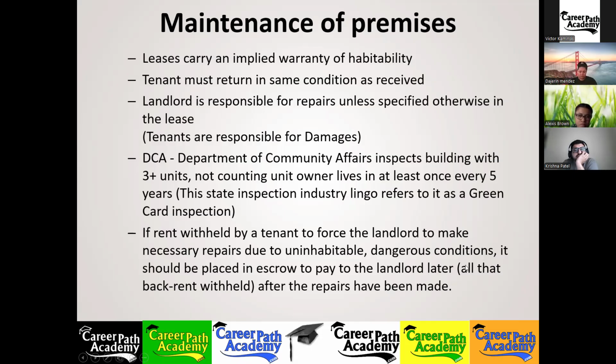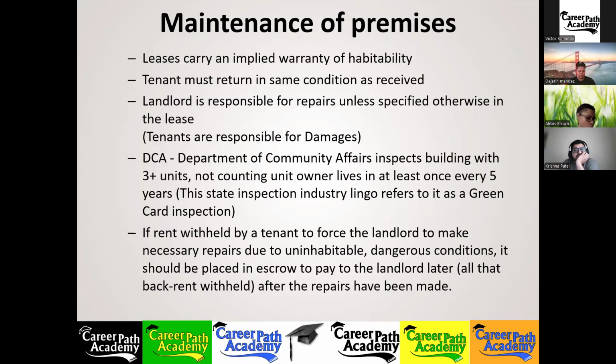A lot of people misinterpret this law to mean that you could stop paying the landlord rent until they make the repairs, and then once they make the repairs, you could continue paying them rent from that day forward.